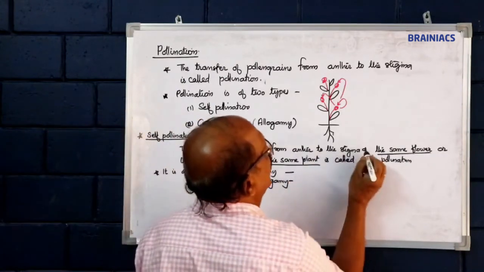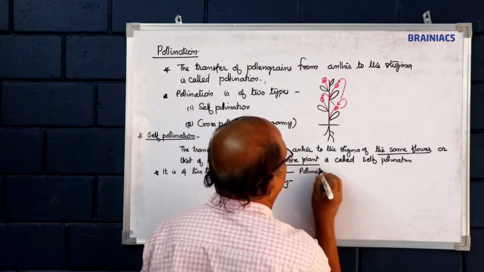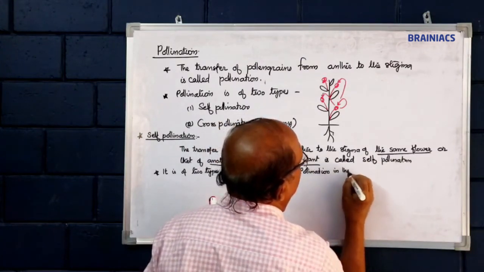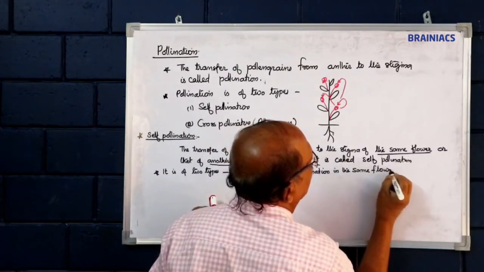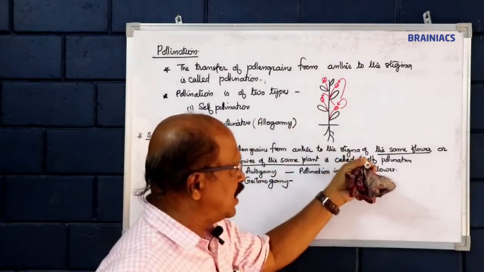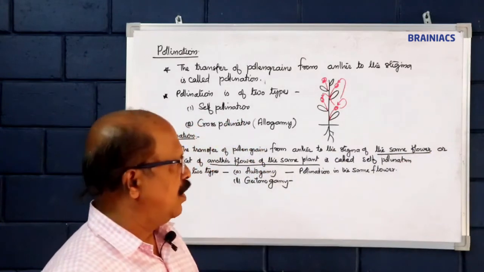Autogamy: pollination in the same flower. Transfer of pollen grains from anther to the stigma of the same flower, that is autogamy.